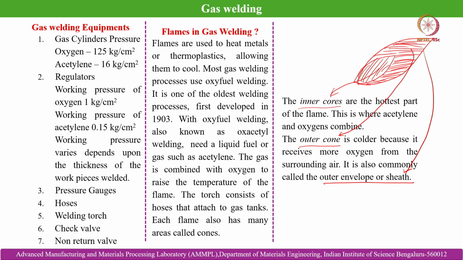Even in a particular welding, based on the location of the weld joint, the temperature requirement, and the stage of weld joint preparation, we can selectively subject the inner and outer cone of the flame to the joint.